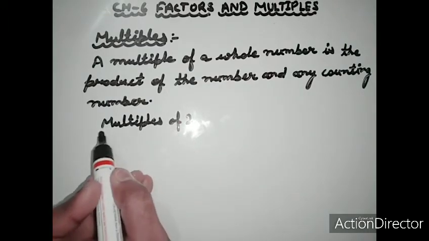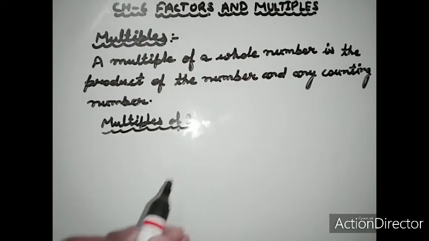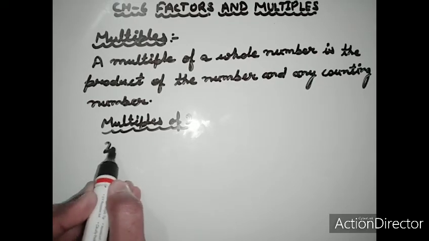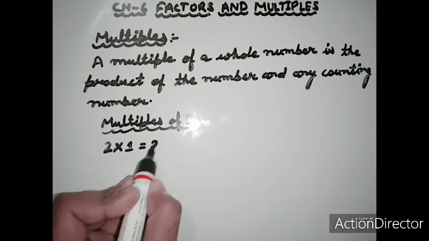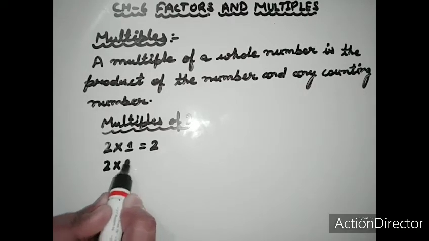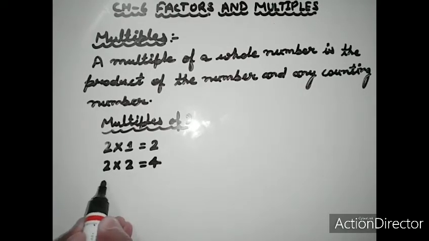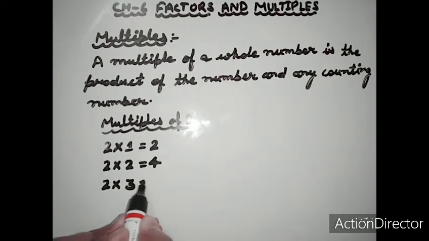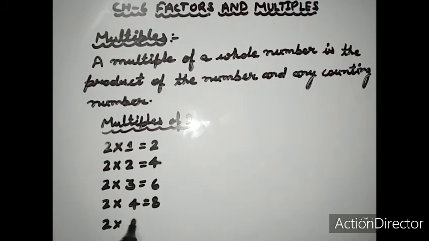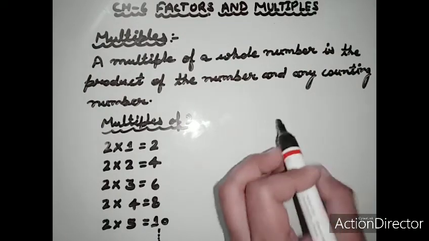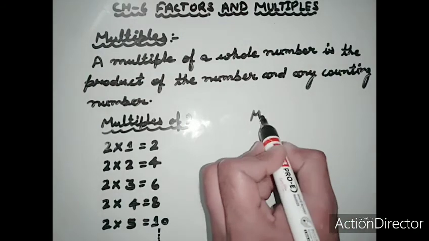If we multiply 2 with natural numbers, we get multiples of 2. 2 ones are 2, 2 twos are 4, 2 threes are 6, 2 fours are 8, 2 fives are 10, and so on. We apply the same rule when we find the multiples of 6.